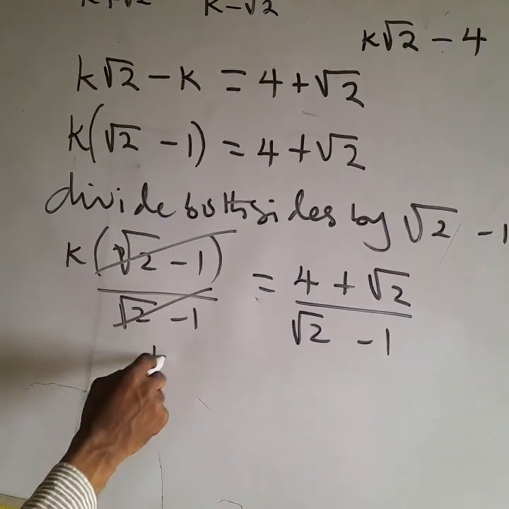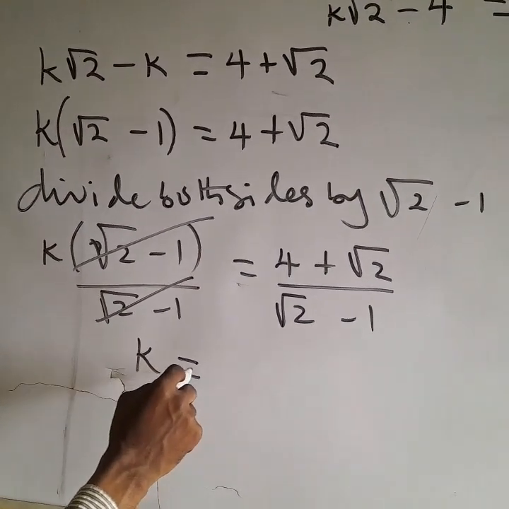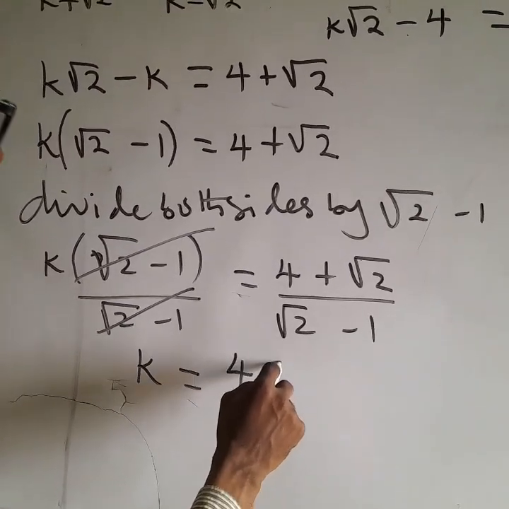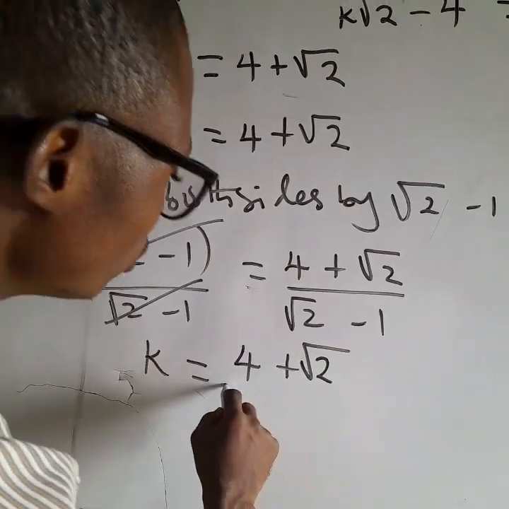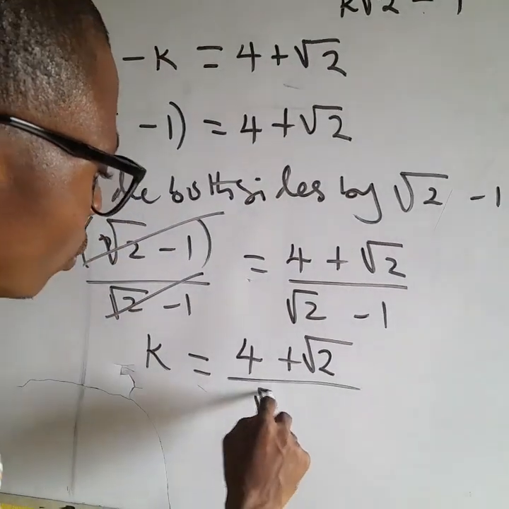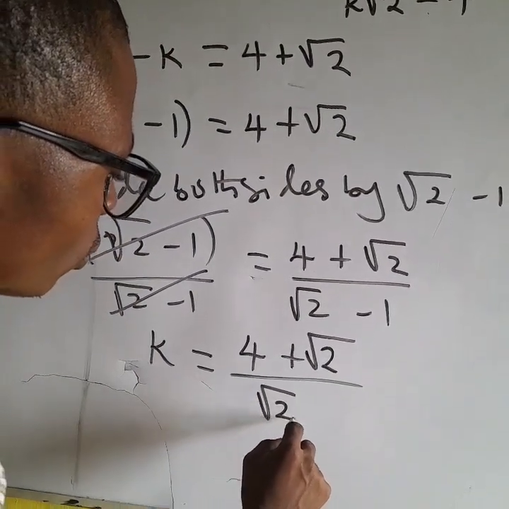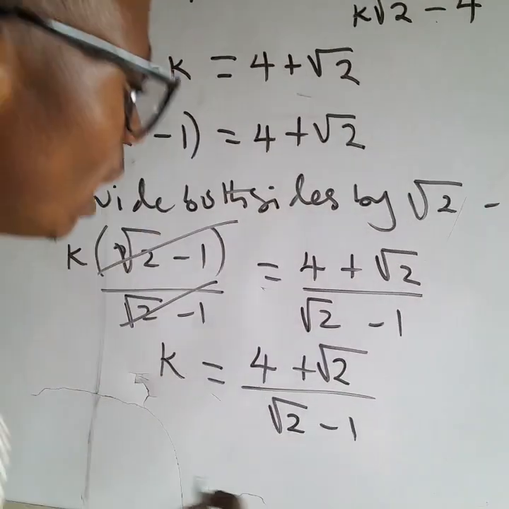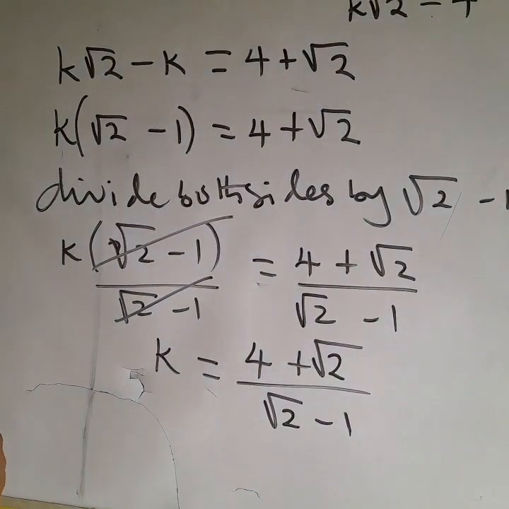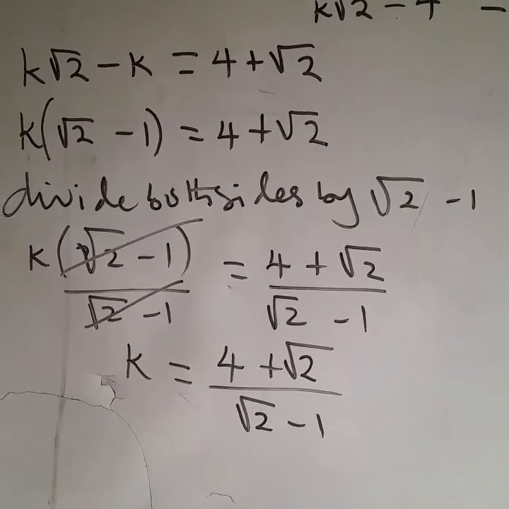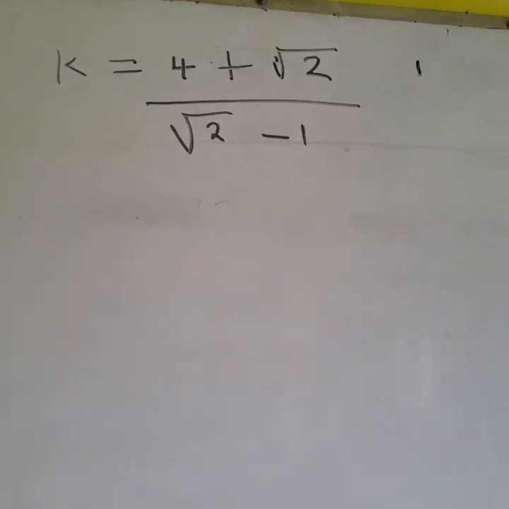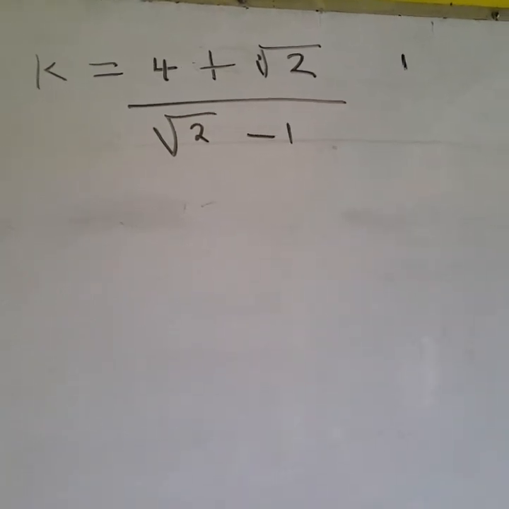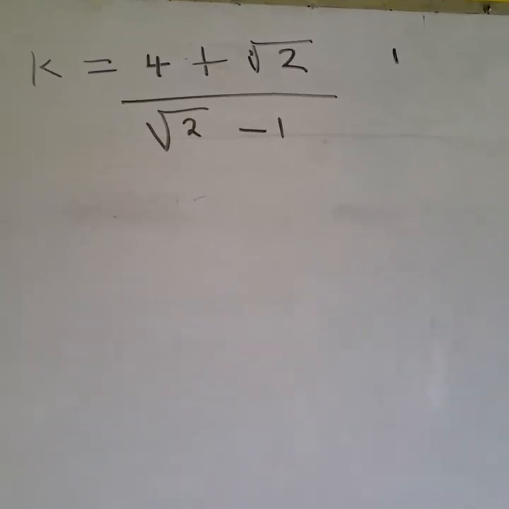We are left with k equal to 4 plus root 2 divided by root 2 minus 1. So we have gotten our value of k, but we need to rationalize this answer we have.